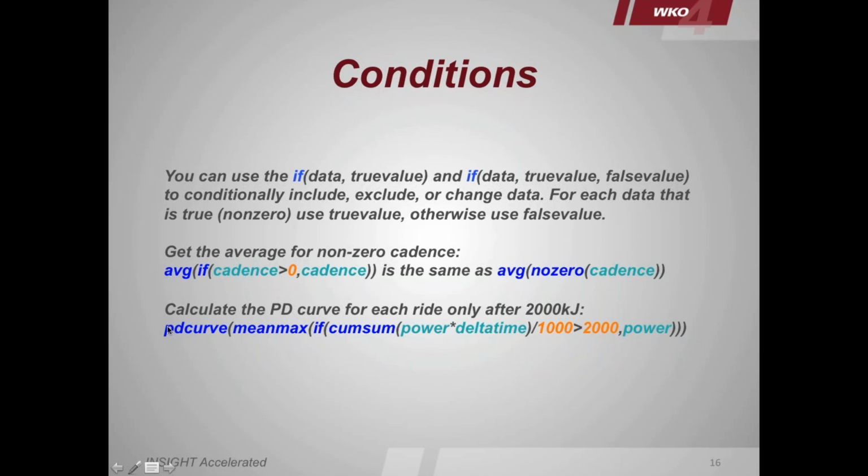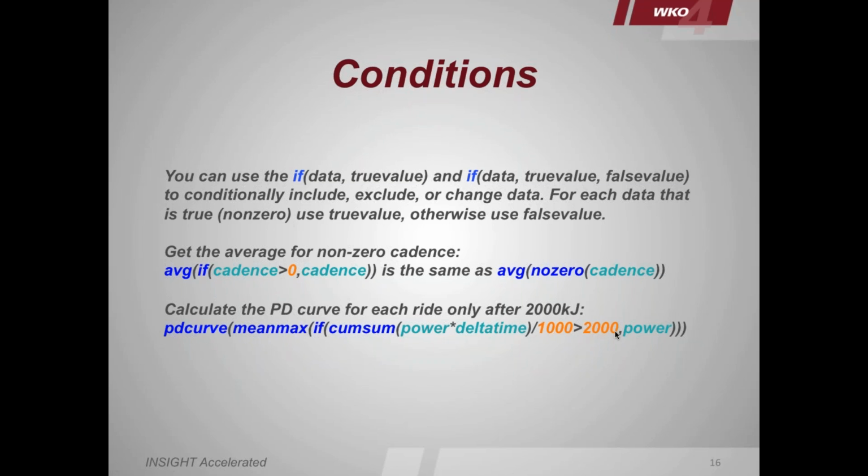We also started to do a much more complicated example just to show you something. We can create a power duration curve using a mean-max curve that's generated only when you exceed 2,000 kilojoules.